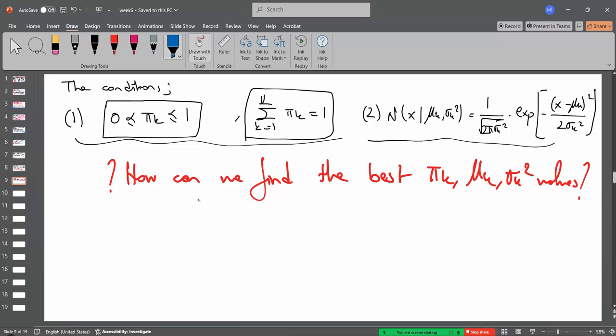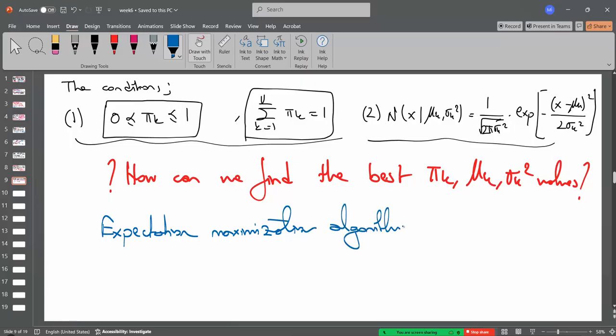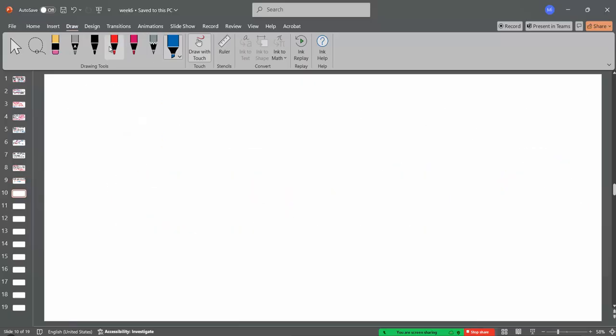It is called the expectation maximization algorithm. So what is the expectation maximization algorithm? This is an iterative algorithm to find the pi k, mu k and sigma k.